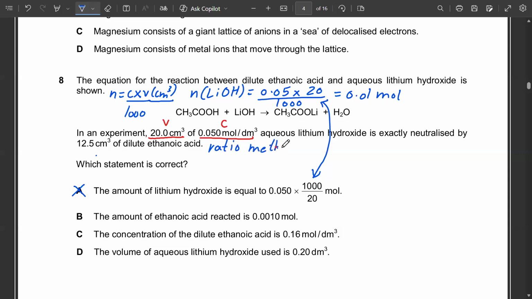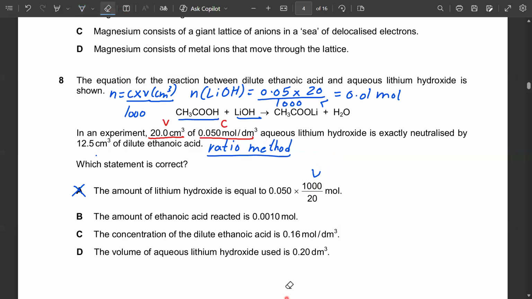The ratio method would be between the lithium hydroxide and the ethanoic acid, CH3COOH. So I will do the ratio on the side.